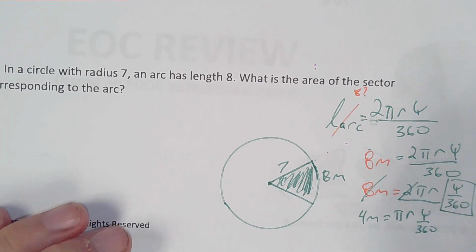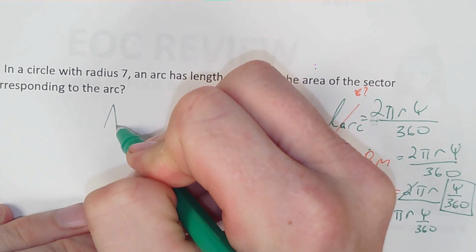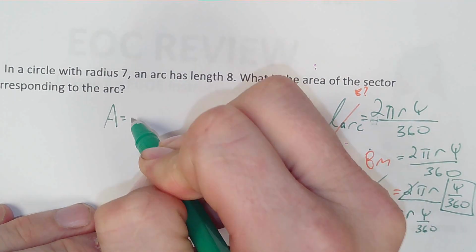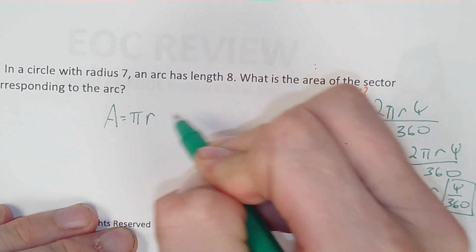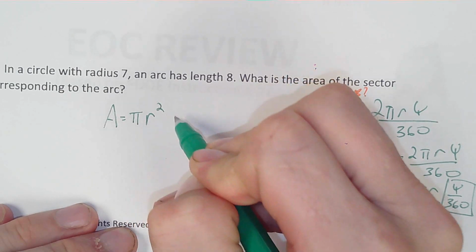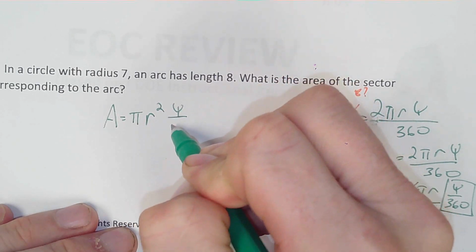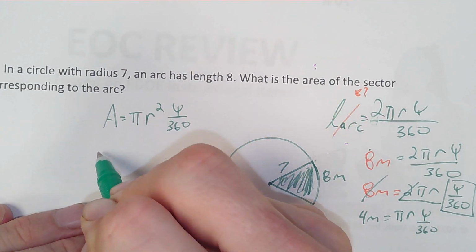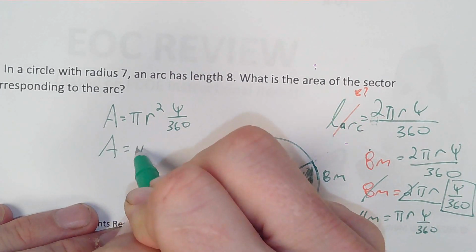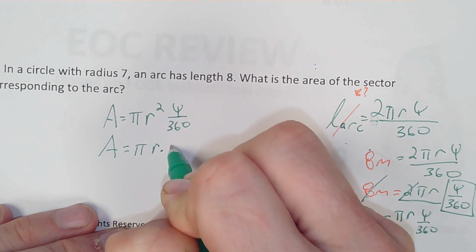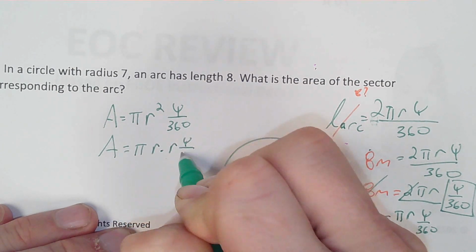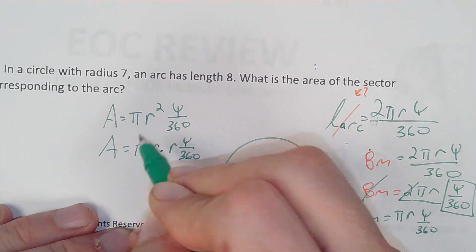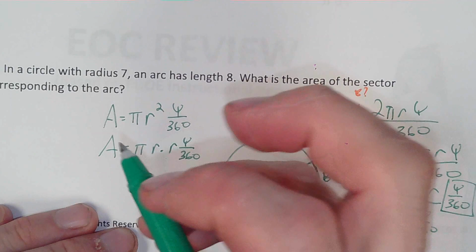And I know that my area equals pi r squared times this, and I can change that into pi times r times that. Let me rearrange that.